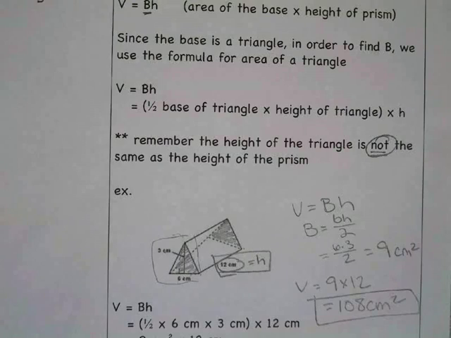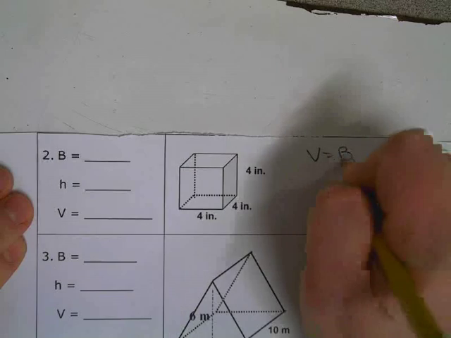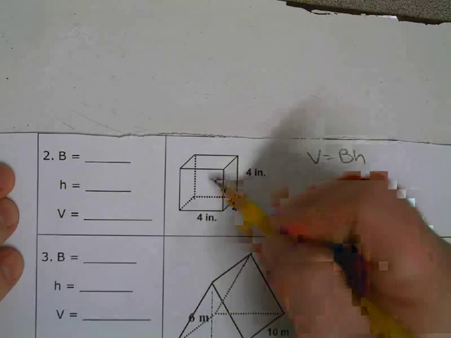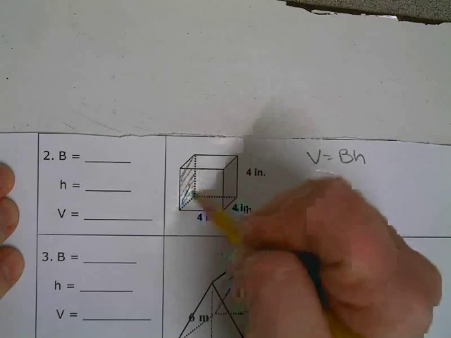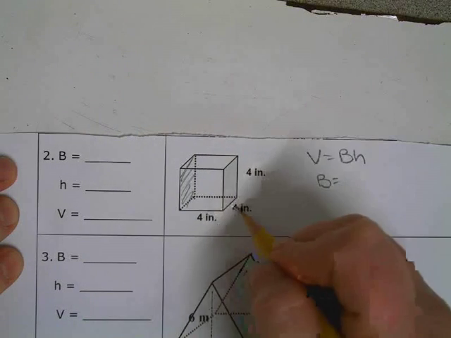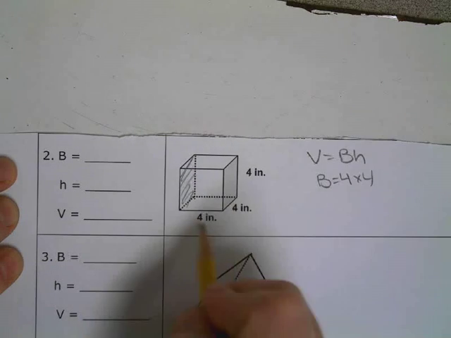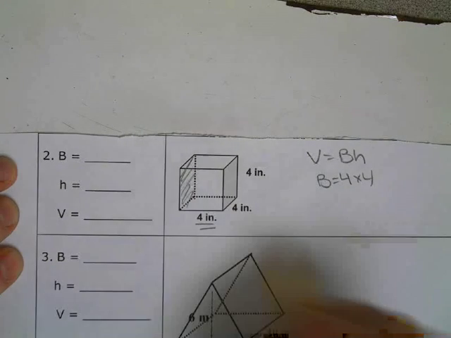Let's look at a couple more examples. Okay, so first we're looking at this cube. We want to remember our volume is the area of the base times the height. And we've shaded right here as the base of the cube. So the base is 4 times 4. The height is the distance between the bases.